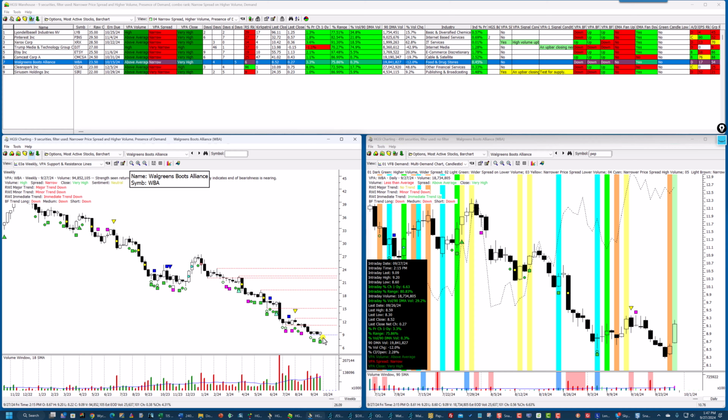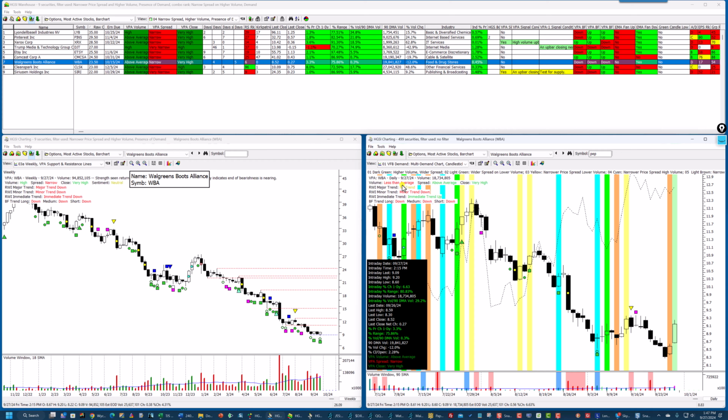But clearly a downtrend over here. This is Walgreens Boots Alliance, that's why. But some traders evidently think it's a bargain down here at these levels. So we're seeing some interest based upon the Wyckoff indicators. Volume was above average, the spread's narrow, and the close is very high.